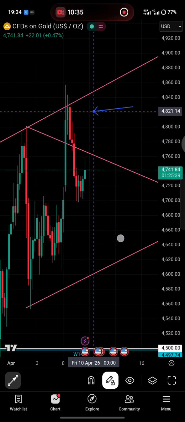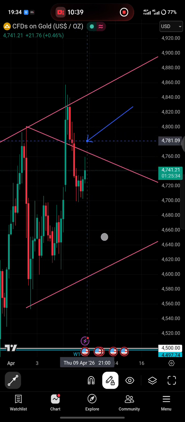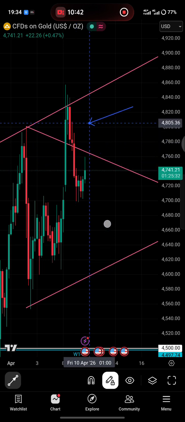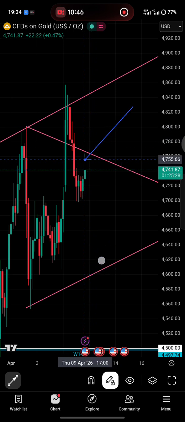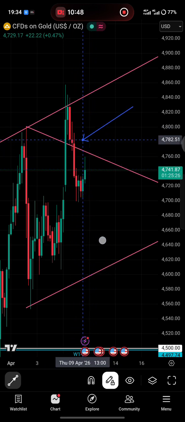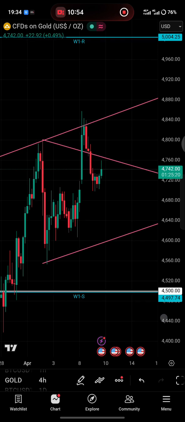Okay, so right now we are not going to be entering any position until this candle breaks above, and we can sell at least one position and wait for the chart to retrace, right? And if you're going to buy, we wait for this resistance to be broken before we buy at the next retracement. Okay, so that is all I'm going to be analyzing here for you guys today.